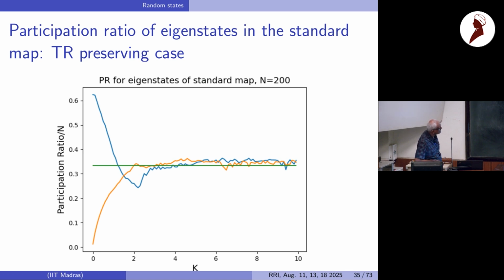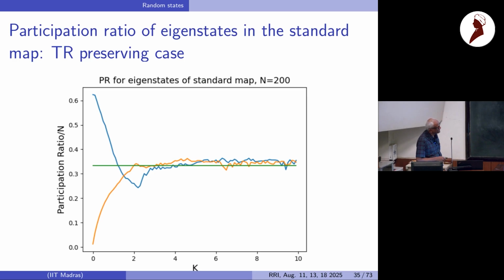Remember that the fixed point loses stability at 4, and after that, most of the things are chaotic. And this is for the state in the position representation. You see, it's completely delocalized. It's starting from very high participation ratios. It's decreasing, and then it's again oscillating around this 1/3. So you would expect random states to be valid in the regime of quantum chaos.